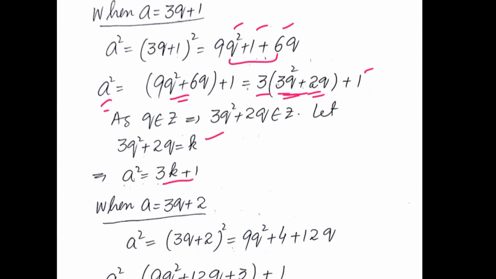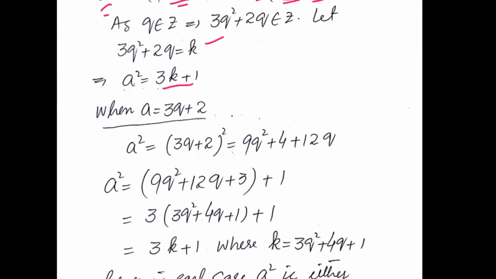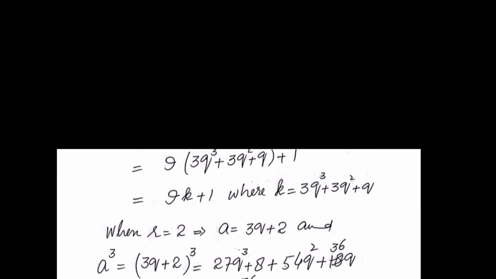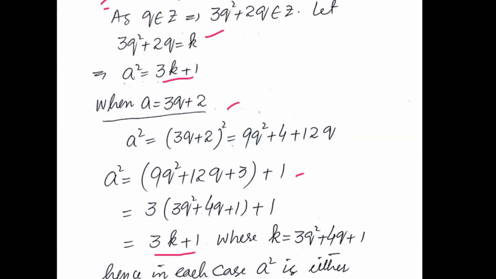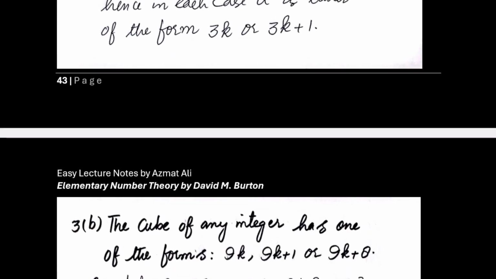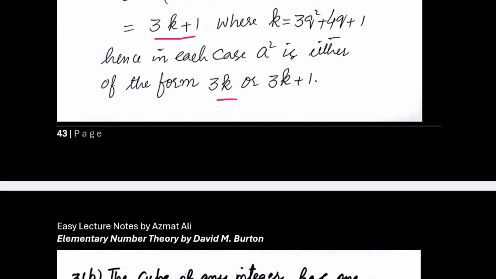Similarly, when a is 3q plus 2, by taking the square and after some algebraic manipulation, you can write a square equal to 3k plus 1. Hence, this shows that a square is either of the form 3k or 3k plus 1.